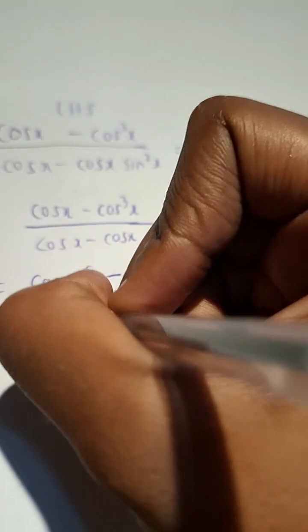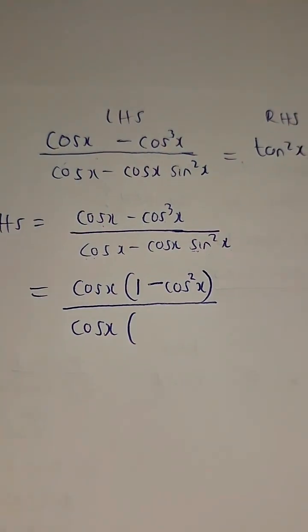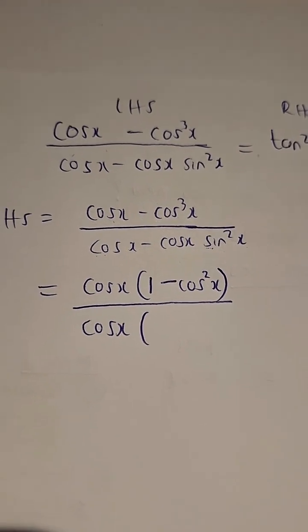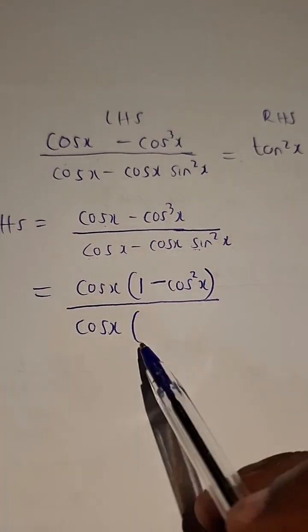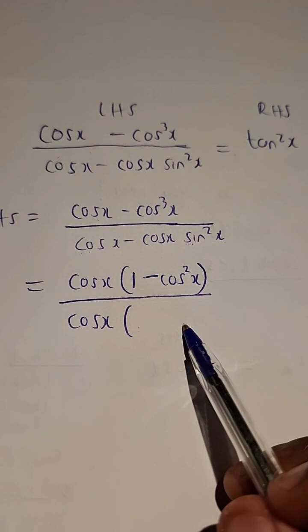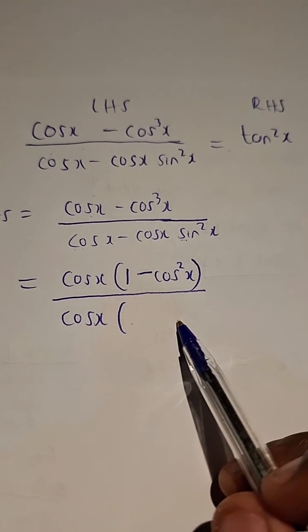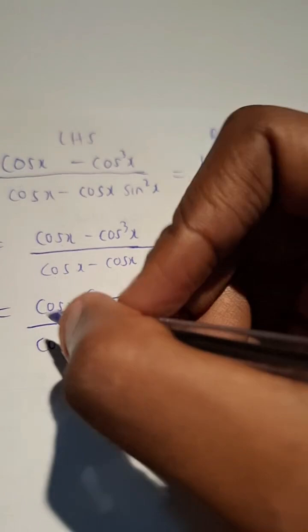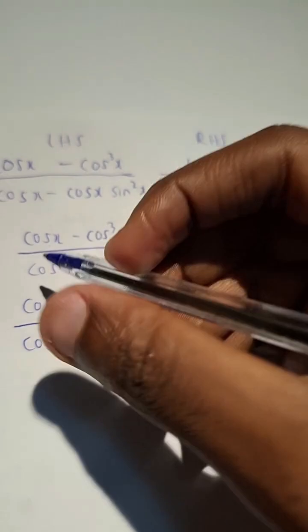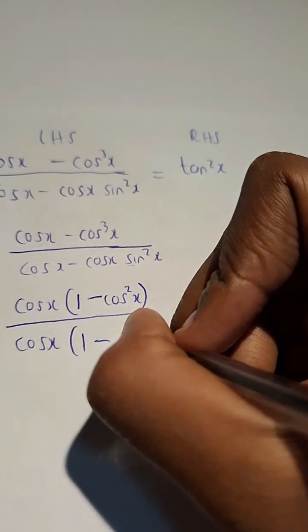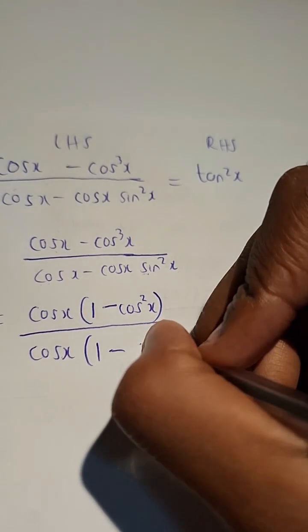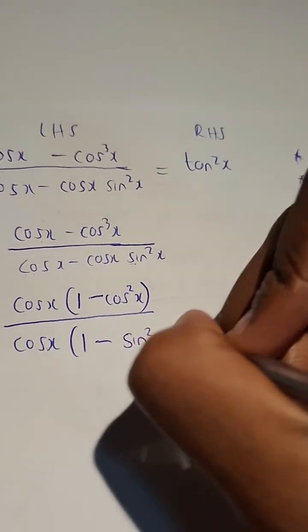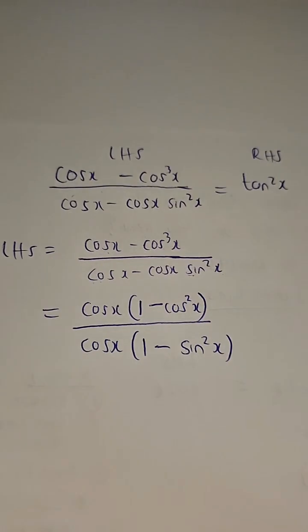What are we left with inside the bracket? Yes, thank you. 1 minus, and I know you guys meant to say there's a squared. 1 minus sine squared x.